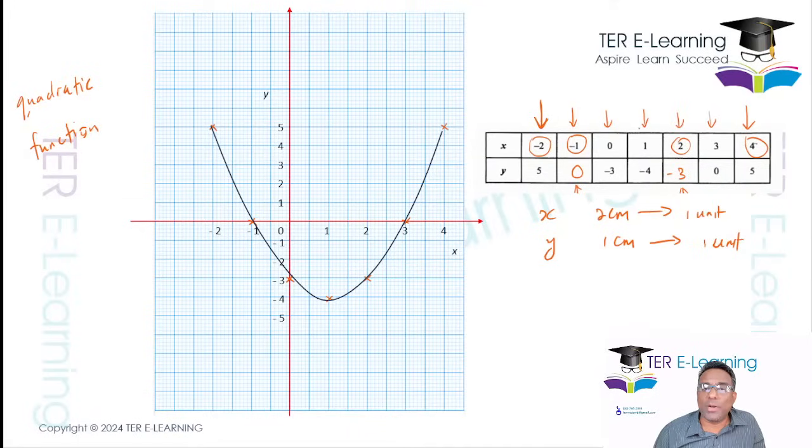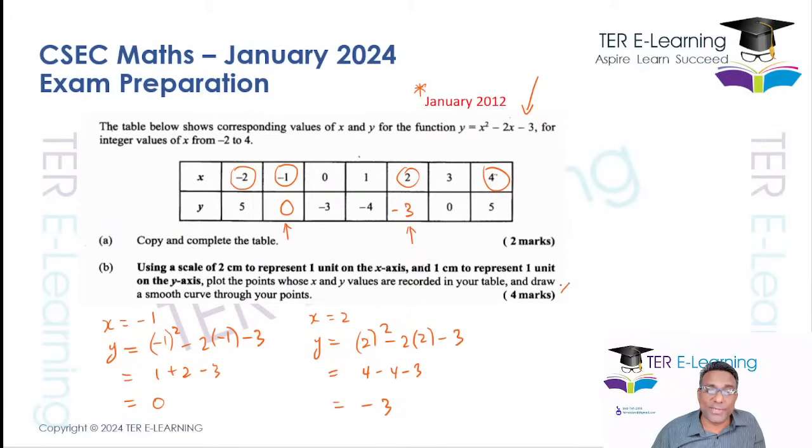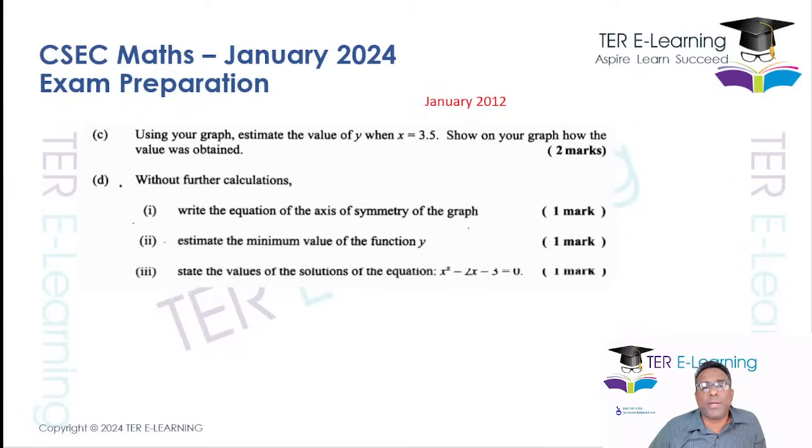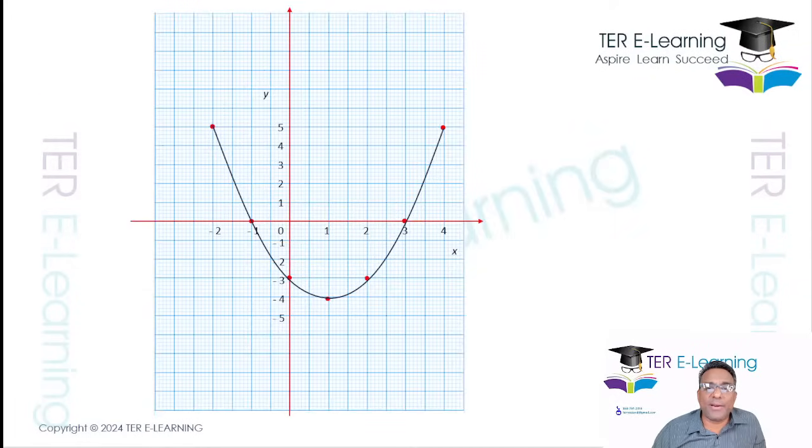Now let's see what they want us to do. How many marks for this, buddy? Oh, 4 marks for drawing this, right? Only 4 marks. Use your graph to estimate the value of y when x is 3.5. So I have the diagram here. So here's what I want to know. When x is 3.5, I want you all to look at my graph and tell me what y should be.